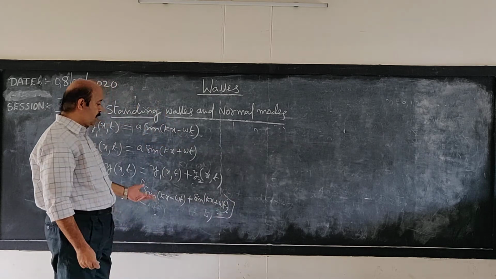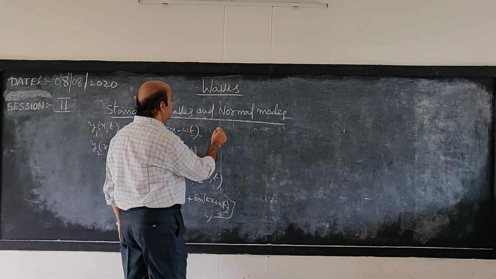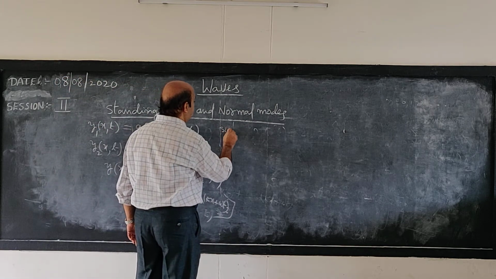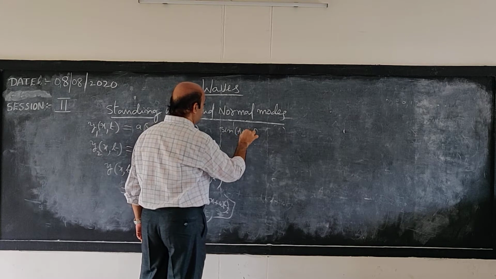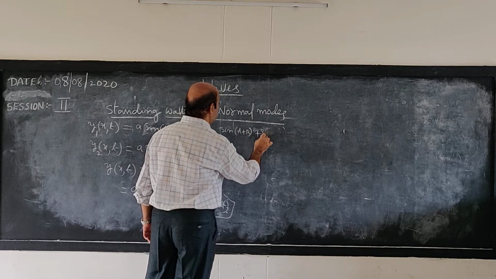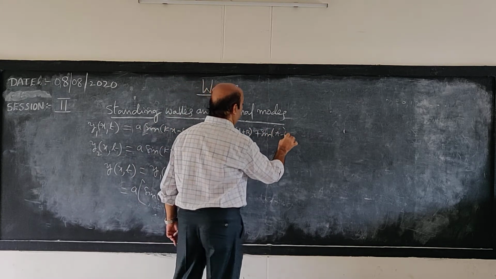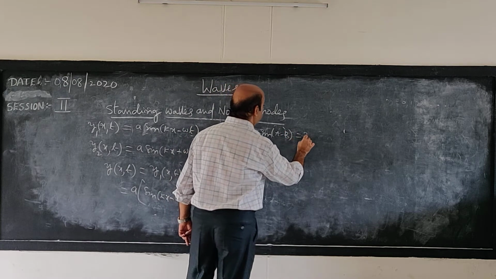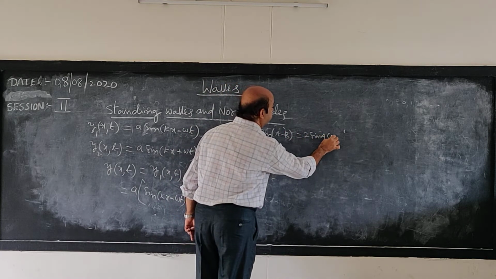Let us make use of the trigonometric identity sin(a + b) plus sin(a - b) is equal to 2 sin a cos b.